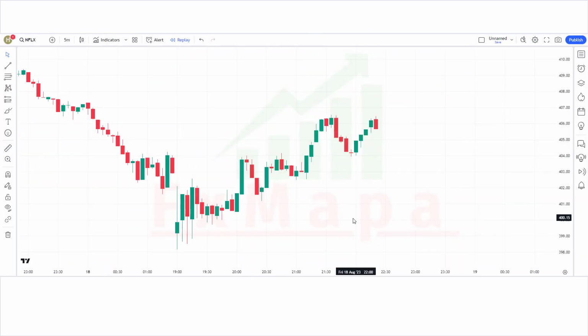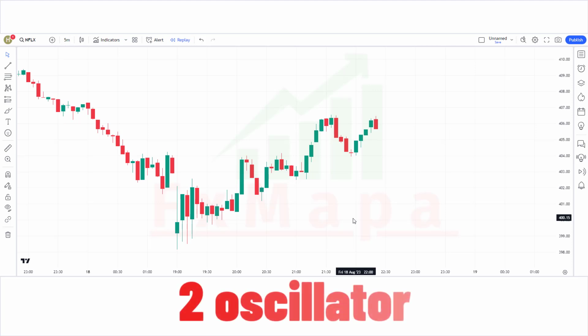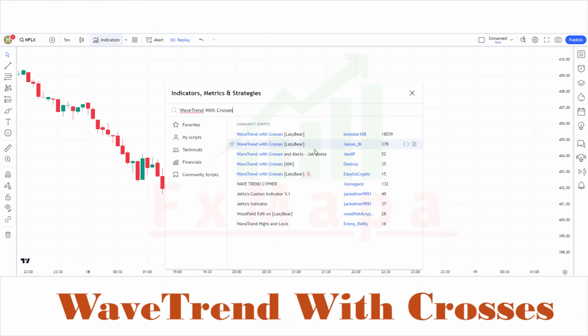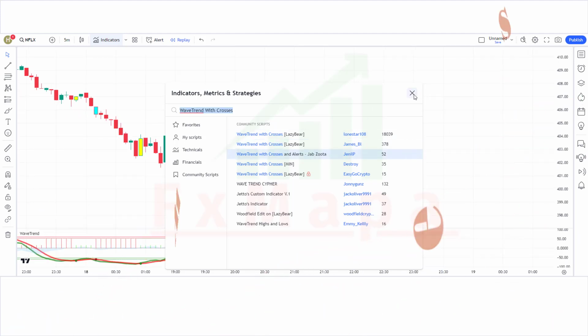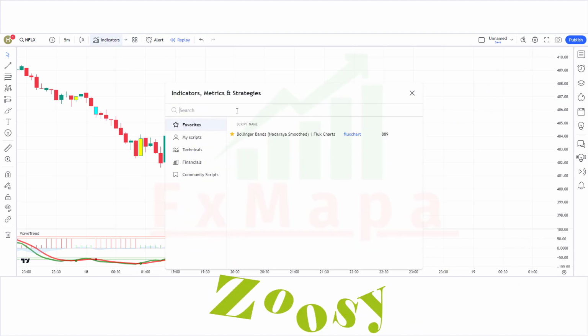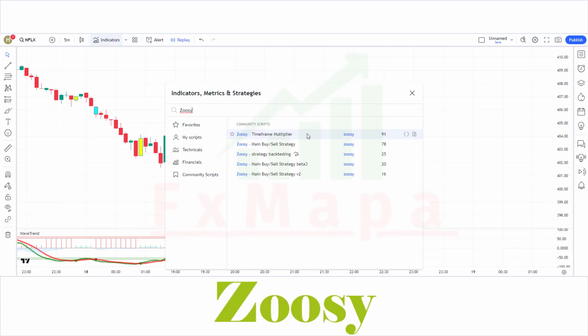How to make the trading setup. In this setup we would require two oscillators. The first indicator name is Wave Trend with Crosses. The second indicator name is ZUSI.